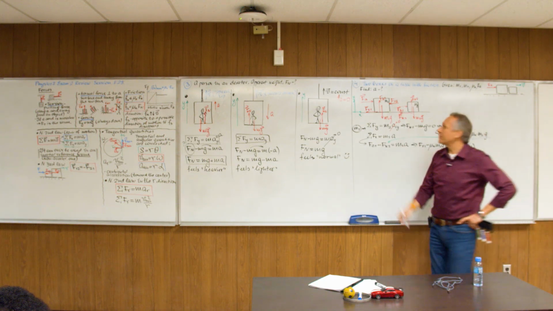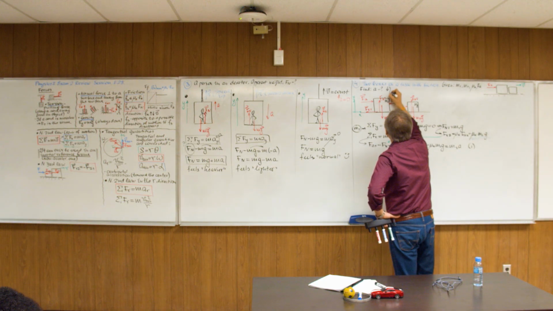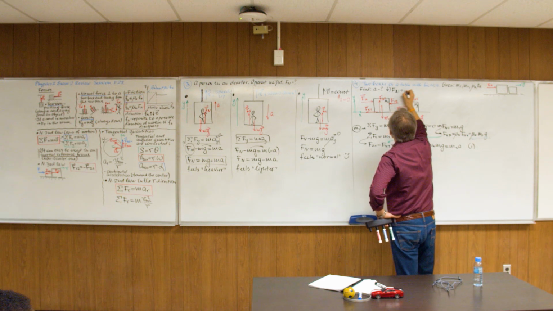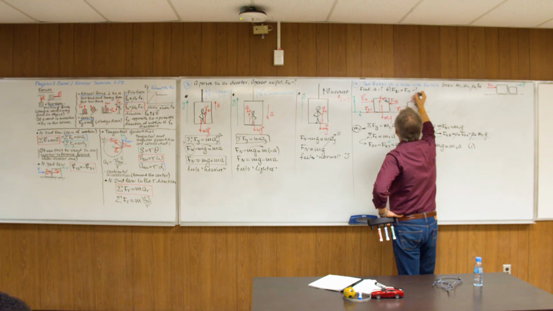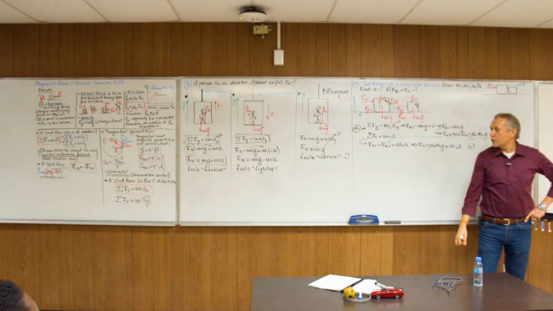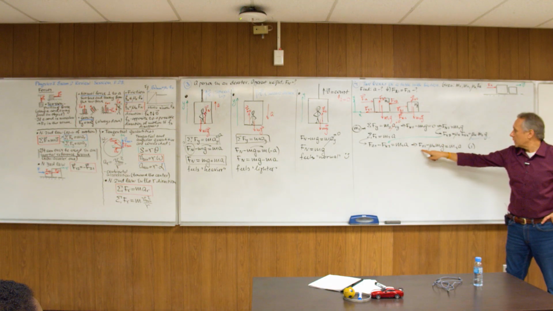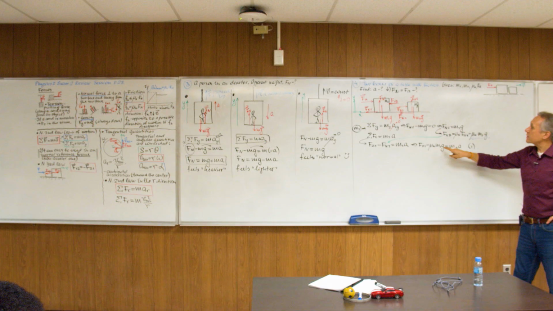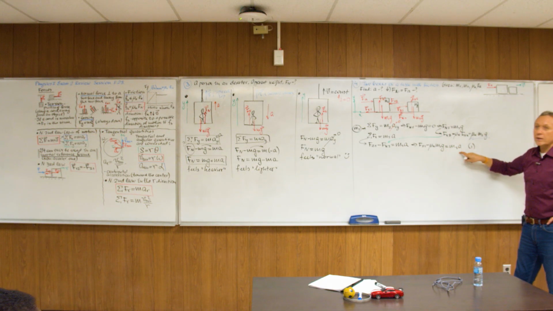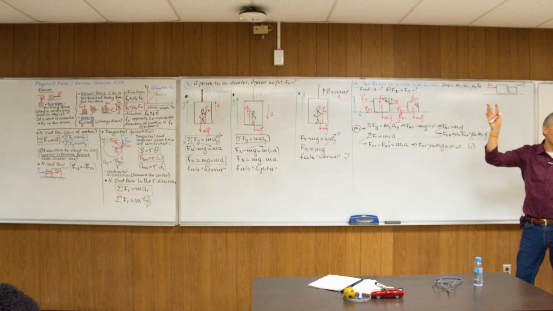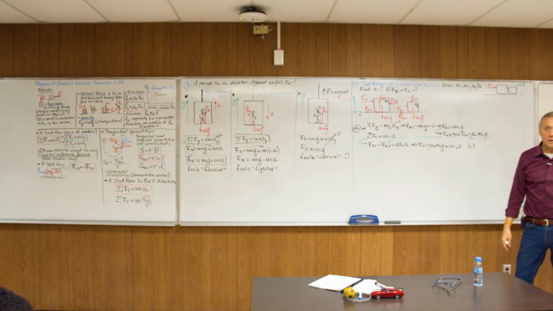That's our unknown: part B, we need to find these internal forces, F2 1, which of course equals F1 2. So one unknown, mu is given, mass is given, and acceleration is unknown. So we have two unknowns and one equation. For now, it's not good. We need to find the second equation.